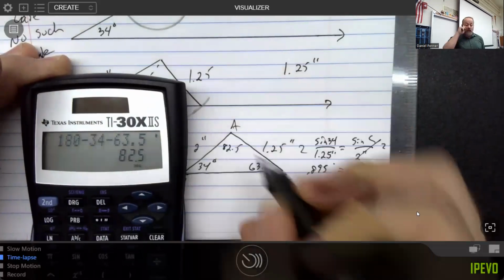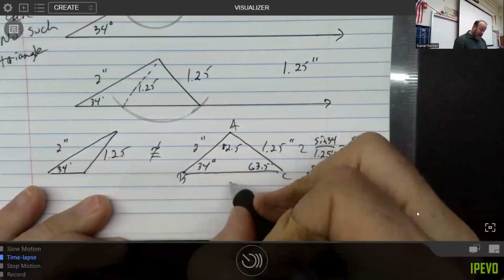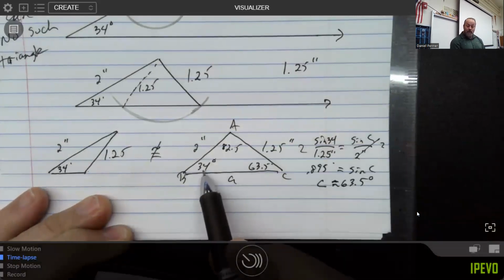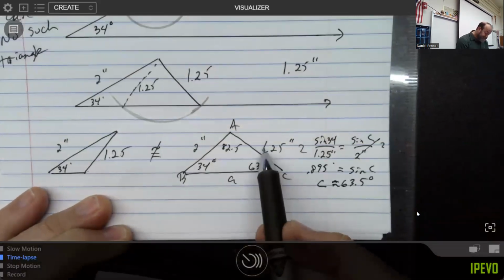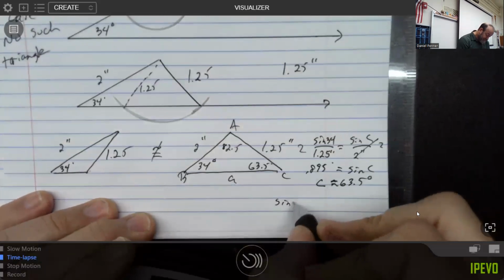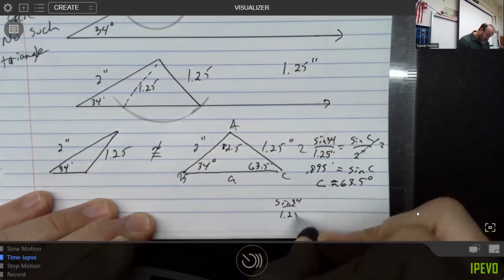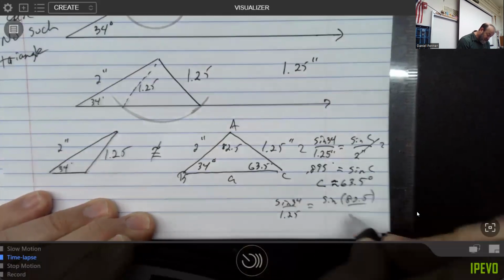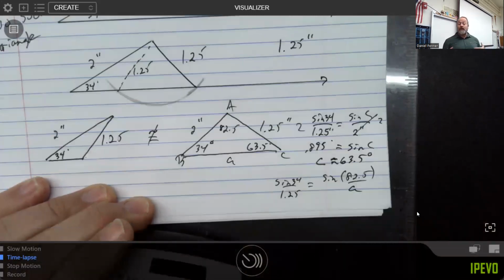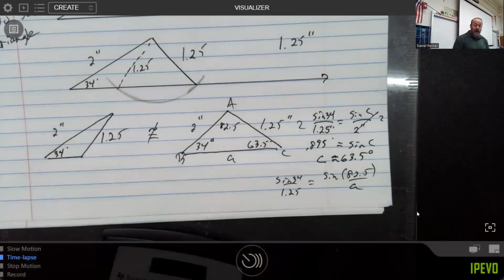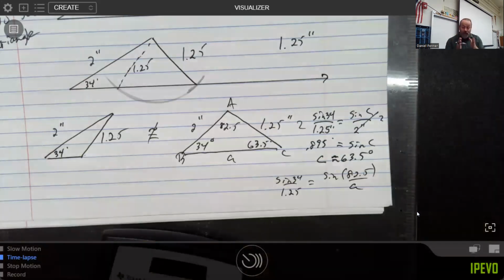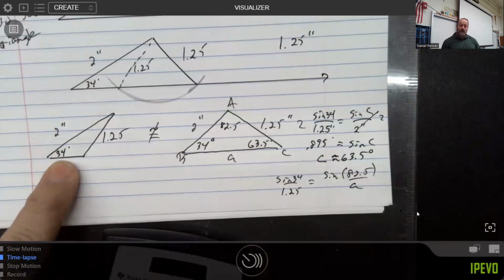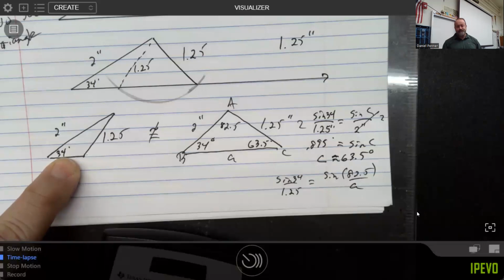And then I could use the law of sines one more time, and I could say the sine of 34 over 1.25 equals the sine of 82 over some side A. I could solve that if I wanted to. So it's not ambiguous. I could find it. I got all my data. But the tricky part is, how do we come over here and find out about this other weird triangle?